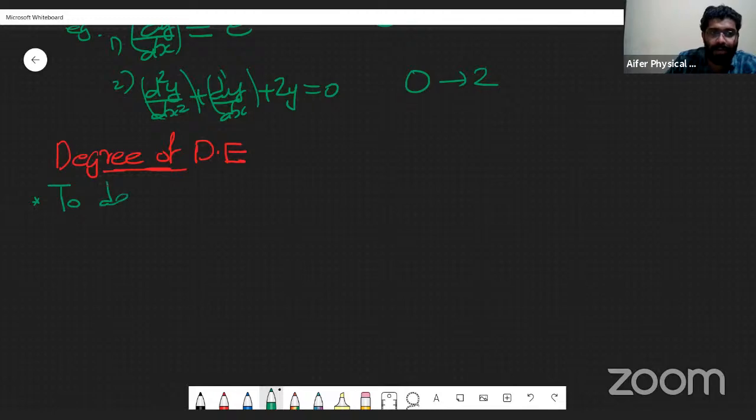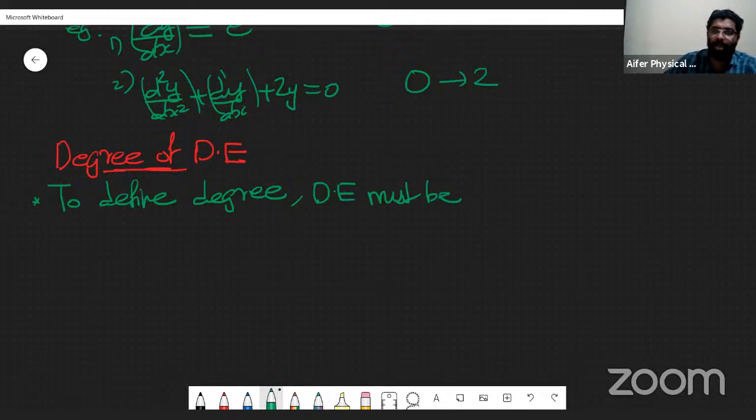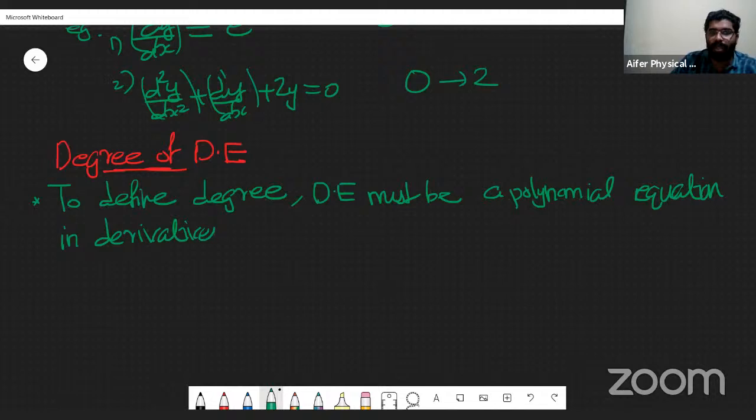To define degree, the differential equation must be a polynomial equation in derivatives, say y prime, y double prime, y triple prime.